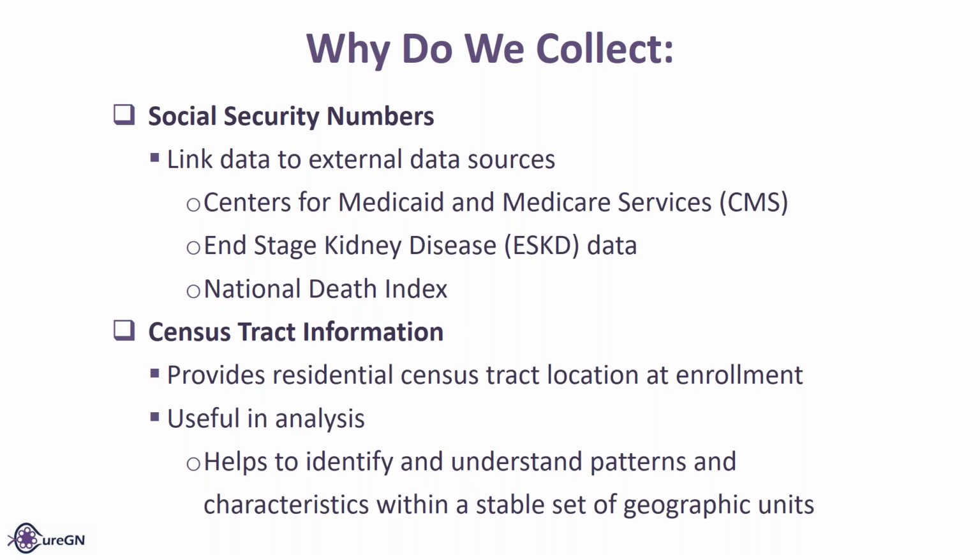So that way, if you have someone who you just haven't been able to get in contact with, you can do the searches to see if they have had one of these end stages. And then the census tract information just provides residential census tract location at enrollment. It's definitely useful in analysis. It helps to identify and understand patterns and characteristics within a stable set of geographic units. So that's why these two pieces of information are very important.